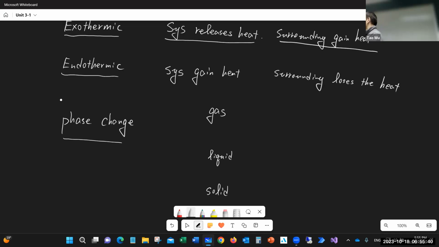Or you think about much less heat, because heat changes their temperatures. So everything from gas to the liquid, or gas to the solid, or liquid to the solid, everything goes down, which means the temperature decreases. Then you can think about it: is it endothermic or exothermic? What do you think?